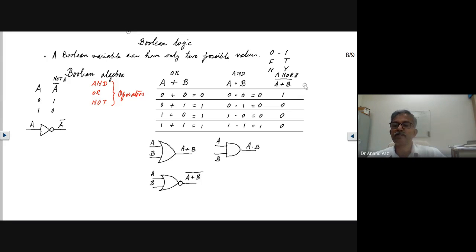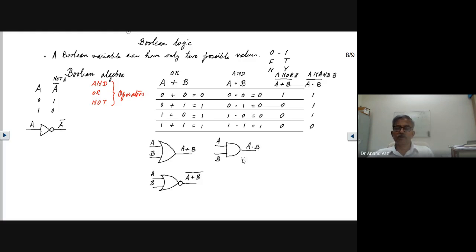In the same way, you can have a NAND gate, A and B, and the complement of that. So here you have A NAND B. Here you already have the output of the AND operation. So 0, complement of that is 1, 1, 1, and here you have 1, so complement of that is 0.